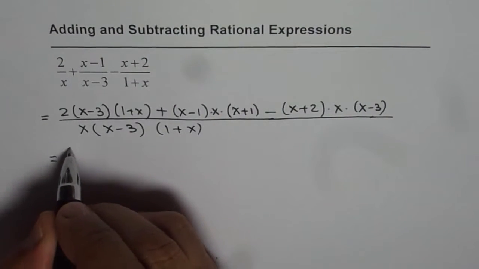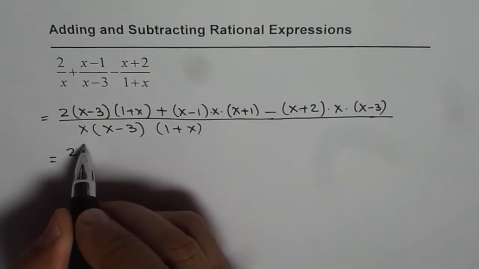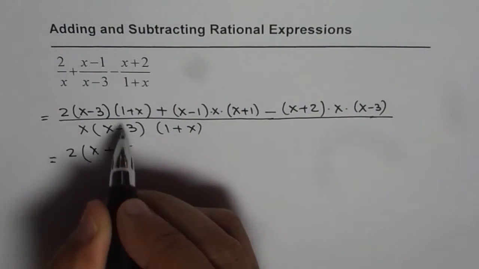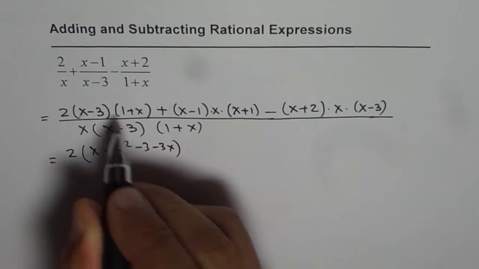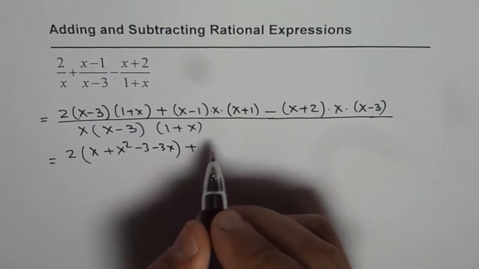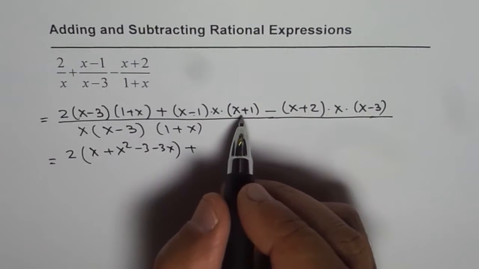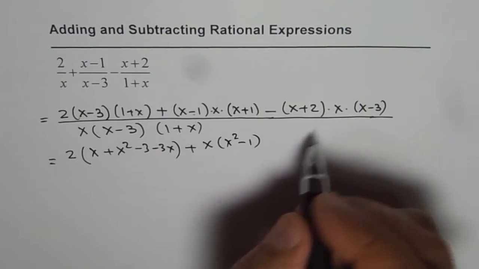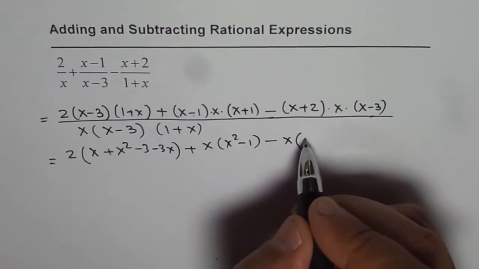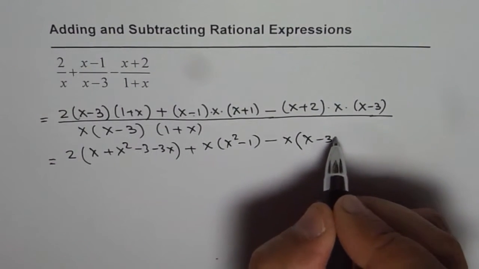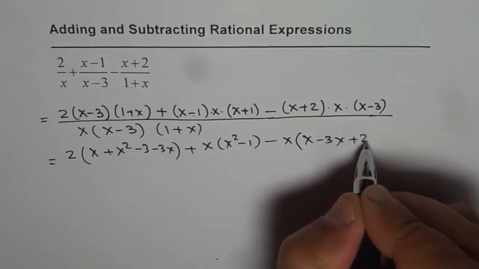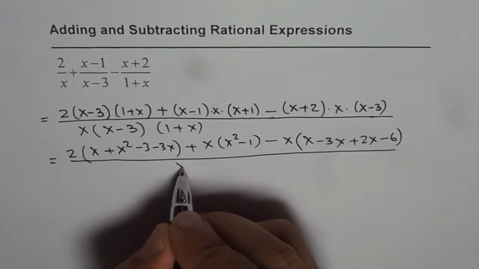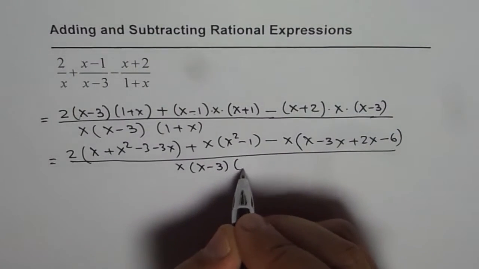So we get 2 times x plus x is x squared minus 3 minus 3x, that's the first term, and here we have plus x times (x minus 1), which is x squared minus 1, so we have x times (x squared minus 1), and in this case we have x times, let's multiply them, x squared minus 3x plus 2x and minus 6, divided by x times (x minus 3) times (1 plus x).